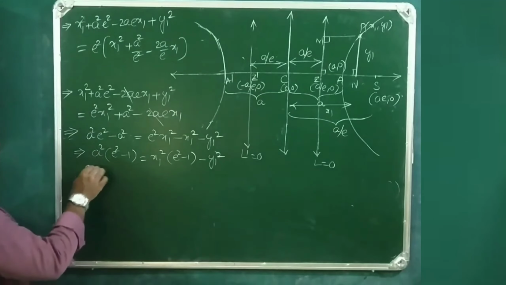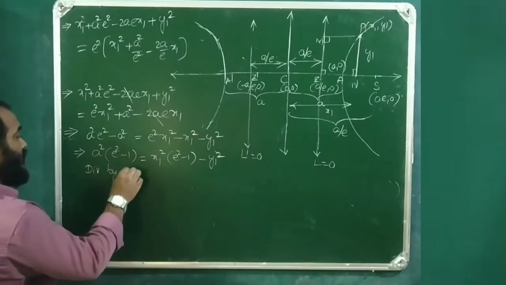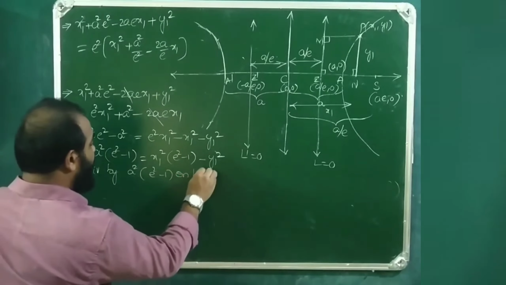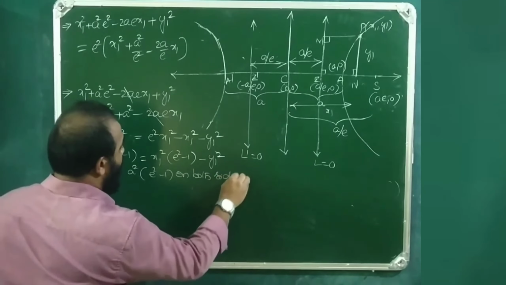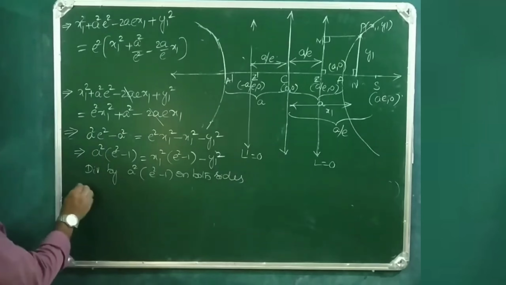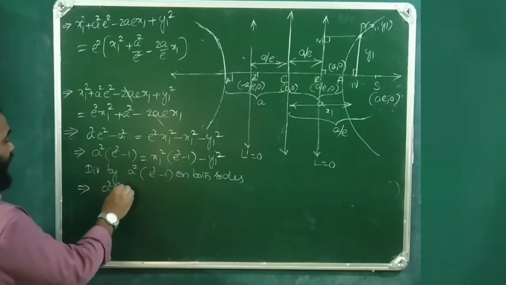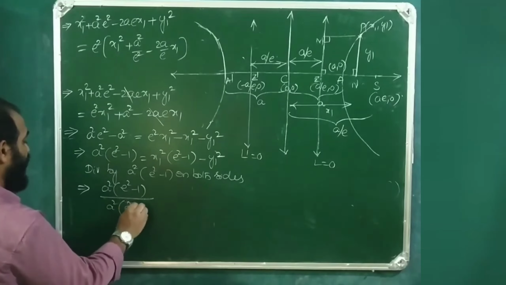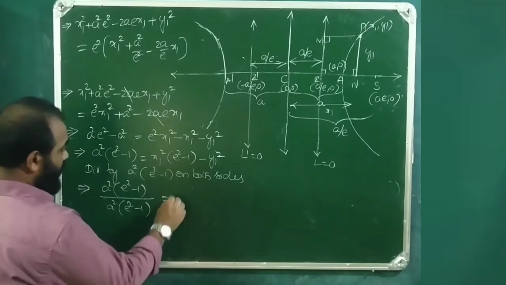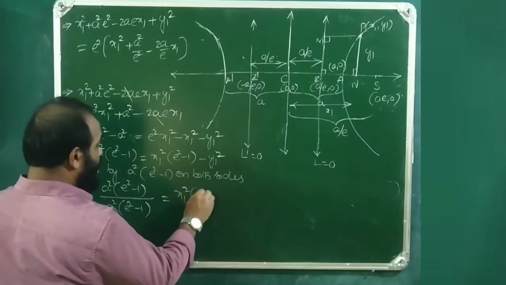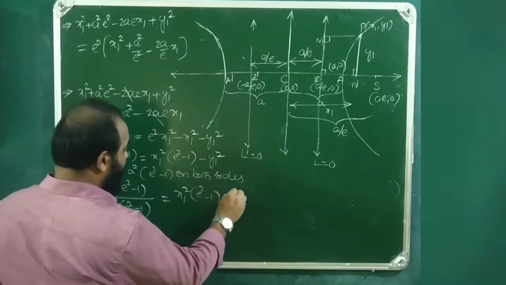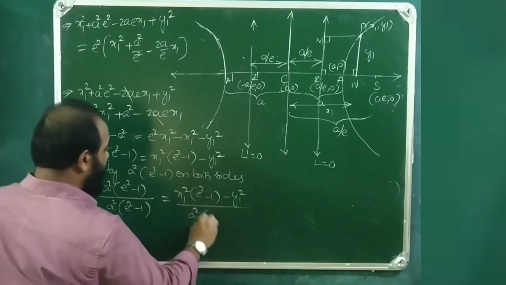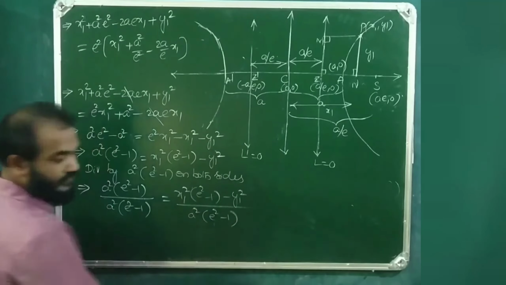So dividing by a square into e square minus 1 on both the sides. Then a square into e square minus 1 by a square into e square minus 1 is equal to x1 square into e square minus 1 minus y1 square by a square into e square minus 1.